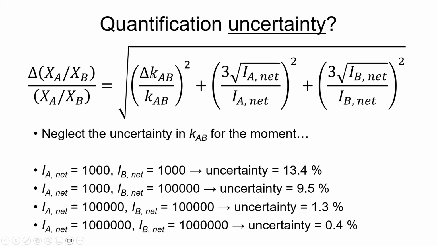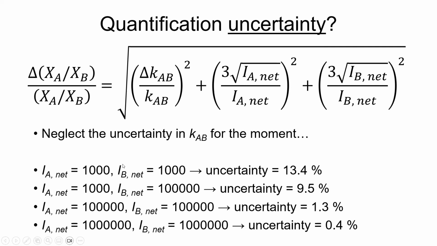I have one for the relative uncertainty of the sensitivity factor, and then two that are related to the net counts in the peak for element A and element B. So let's just assume for the moment that we're not worrying about the uncertainty in the sensitivity factor, so let's neglect this term and only worry about the terms related to the net counts.